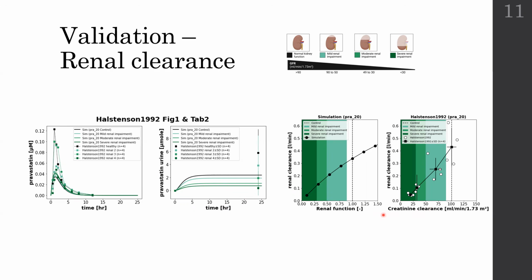These panels were simulated for various degrees of renal impairment described by the various shades of green, and the model's prediction stands indeed in very good agreement with the curated data, as it predicts an almost linear increase of renal clearance with increasing renal function.